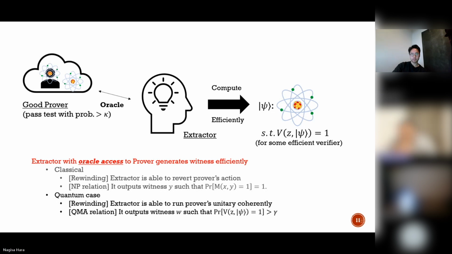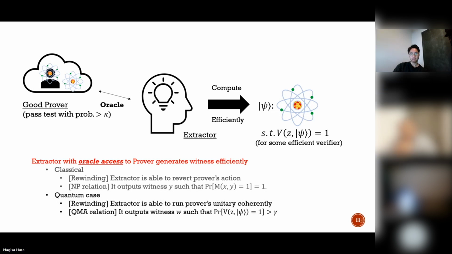The other thing I wanted to check was, for rewinding, does it matter whether you also give access to the inverse of the unitary to the extractor? Oh yeah, that's true, thank you for pointing that out. I forgot to include that. The extractor also runs U star, the inverse, the complex conjugate of the unitary.